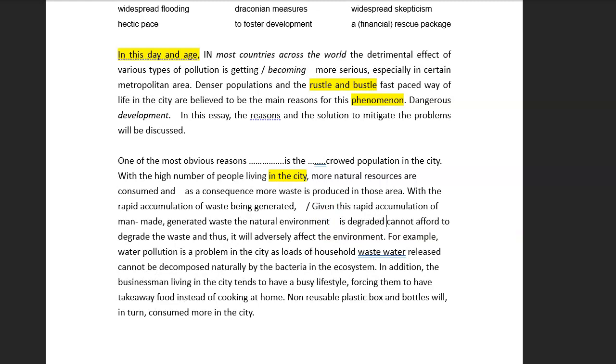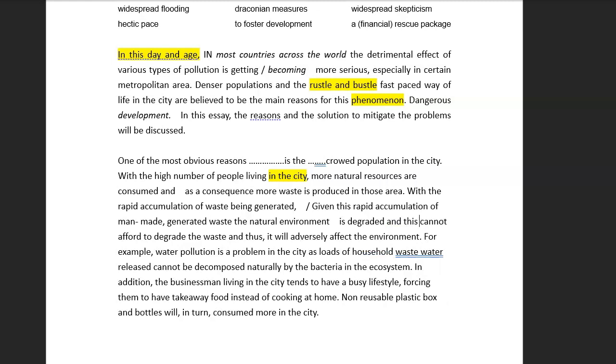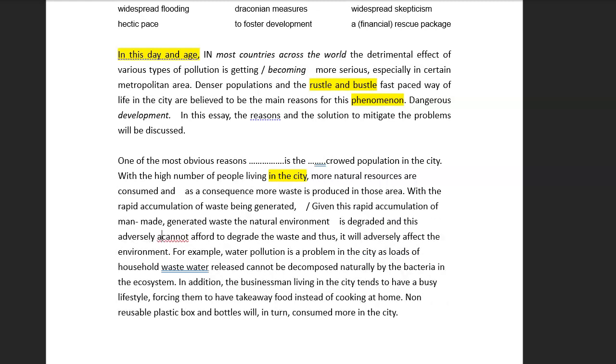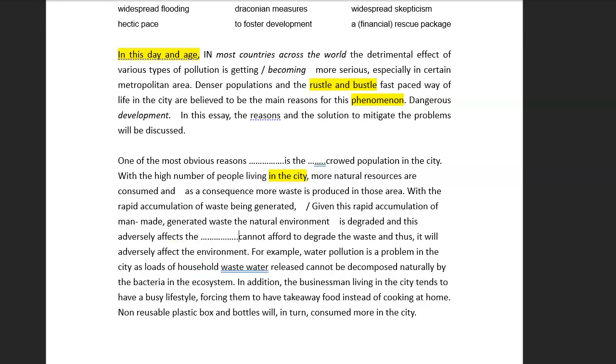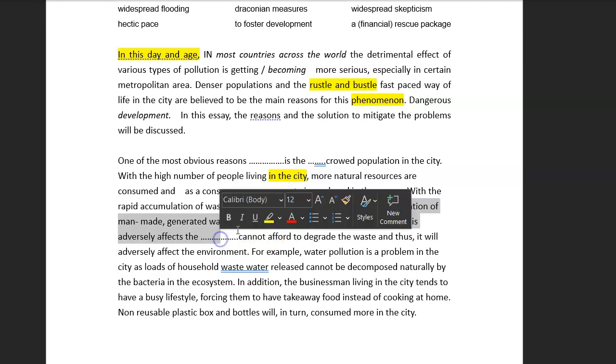Yeah, degraded, and this adversely affects the environment. Okay, so I'm just going to change that sentence around a bit as an alternative.